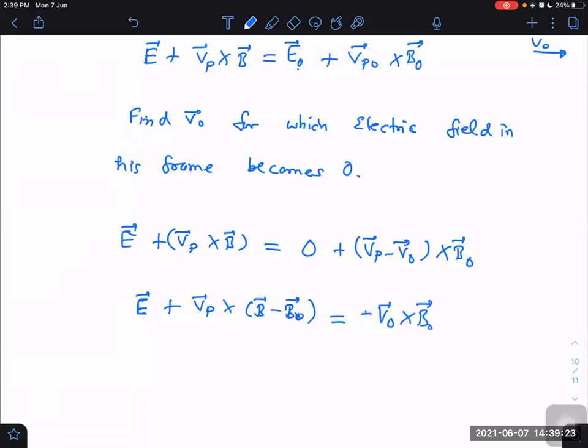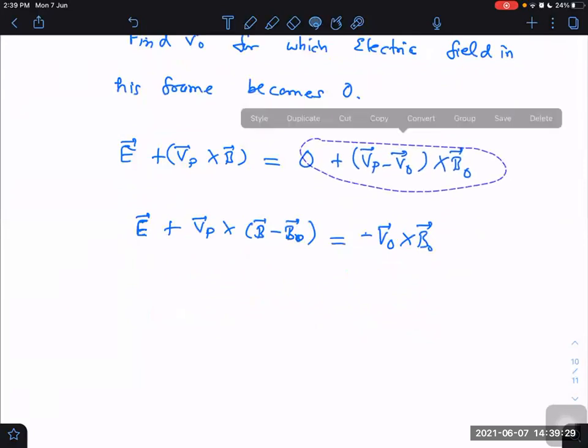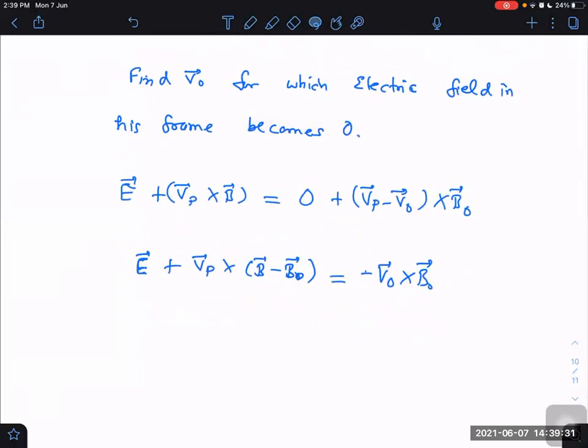Right or not? Check that the calculation is right. Just rearranging the terms, I have to obtain VO. But unfortunately, there are two unknowns. VP was given, E was given, B was given. BO is not given. That is also one unknown.